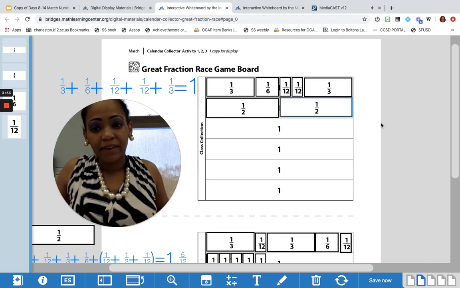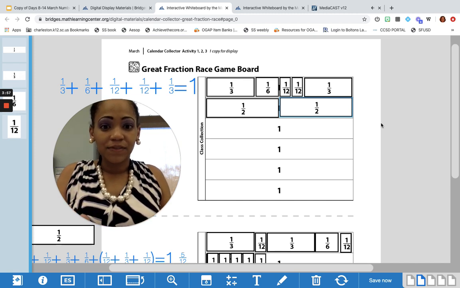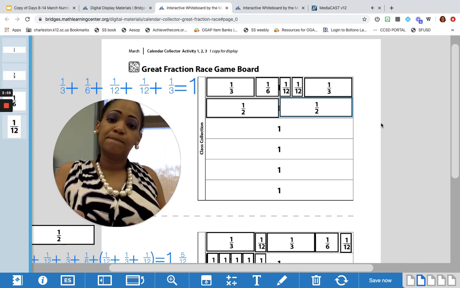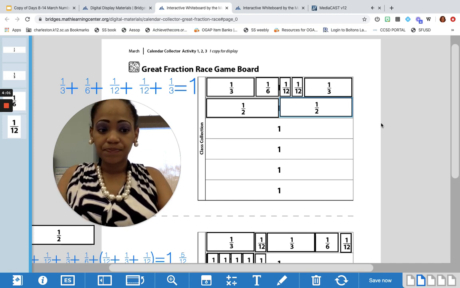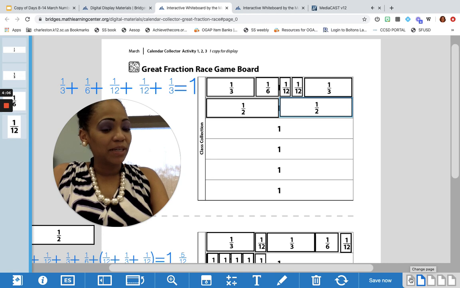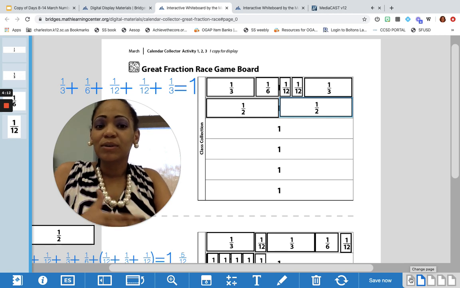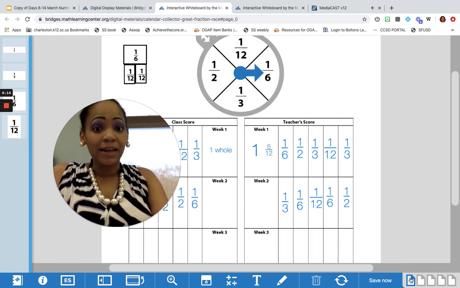So far we have added 2 of our 5 fractions that we need to add to fill up our collection sheet. So keep up with me if you're gluing your pieces, and if you're building it on a separate platform or drawing it or whatever it is that you're able to do, so that you are practicing adding fractions.